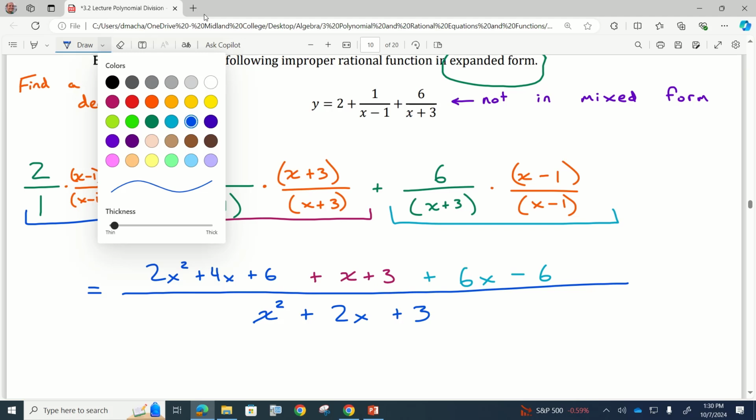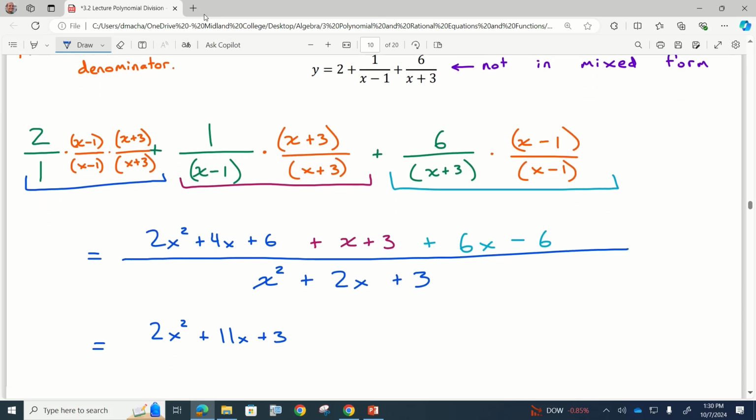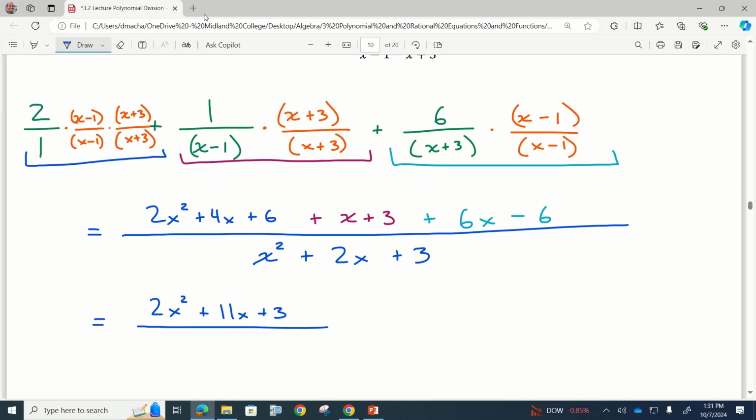And the last step here is to simplify. I'm just going to collect like terms. There's only one term with an x squared, so I keep the 2x squared part. For my x terms, I've got 4x plus 1x plus 6x, that's plus 11x. And then the constants are 6, negative 6, and 3, so plus 3. And that is expanded form.